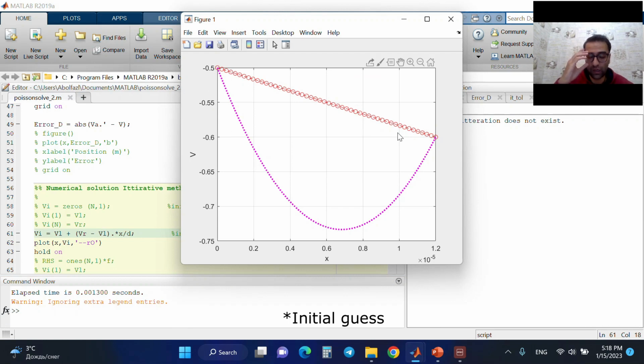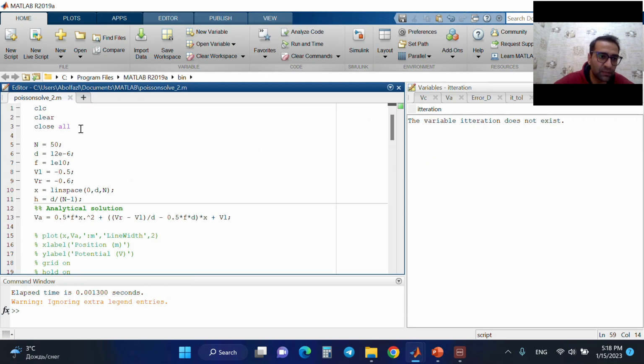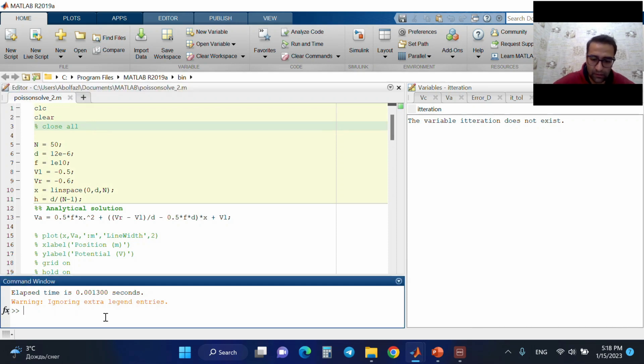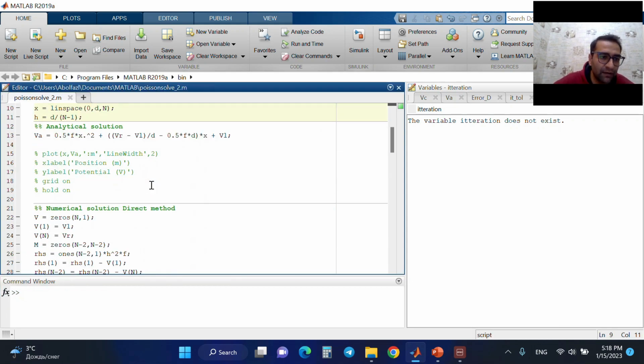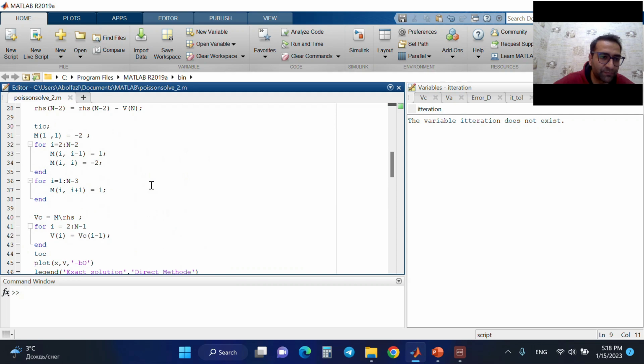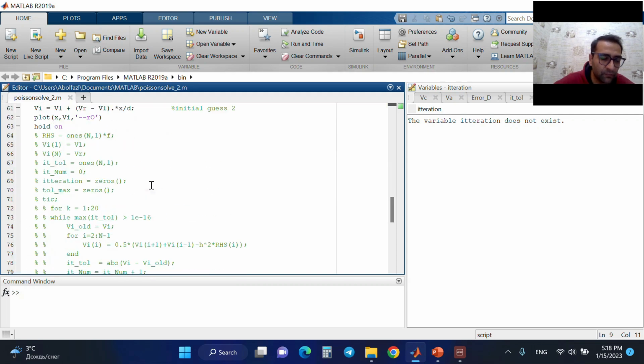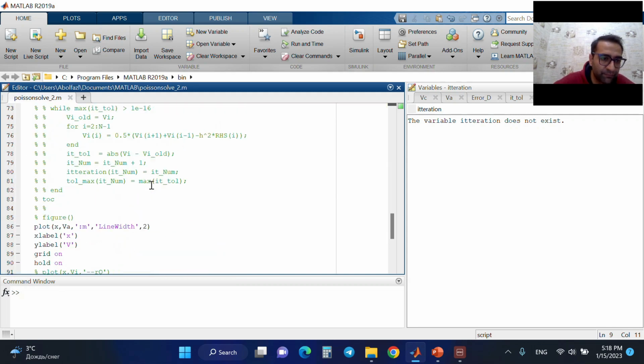I want to show you how the initial solution can affect the convergence of the problem. Therefore, let me disable this, close all, clear. Okay, I cleared everything and I just want to have the convergence graph.